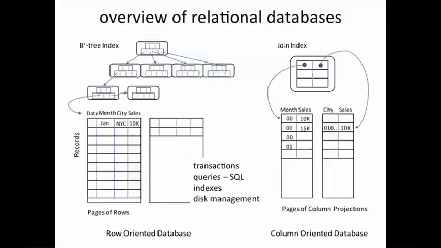Now, the other important thing about relational databases is that they don't really rely on file systems provided by the operating system to manage disk. They do their own disk management, figuring out what pages to prefetch and which pages to replace from memory based on the traffic that they see coming in the form of queries and, for that matter, transactions coming from multiple clients.